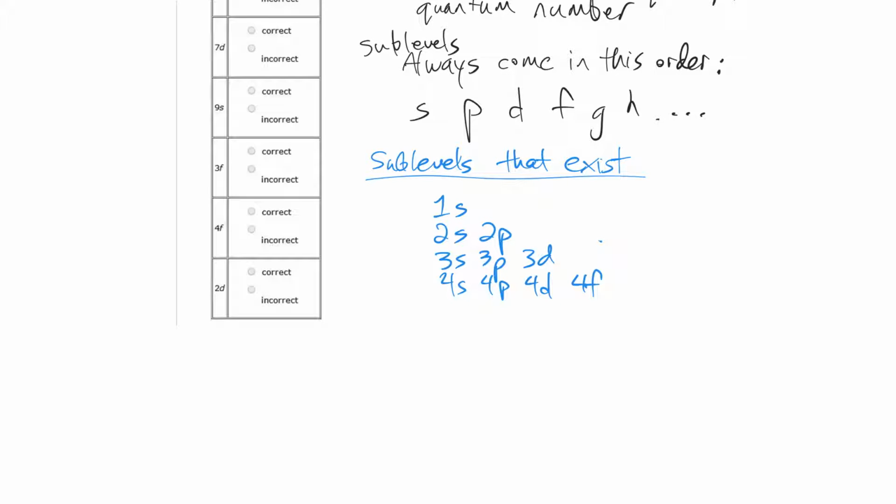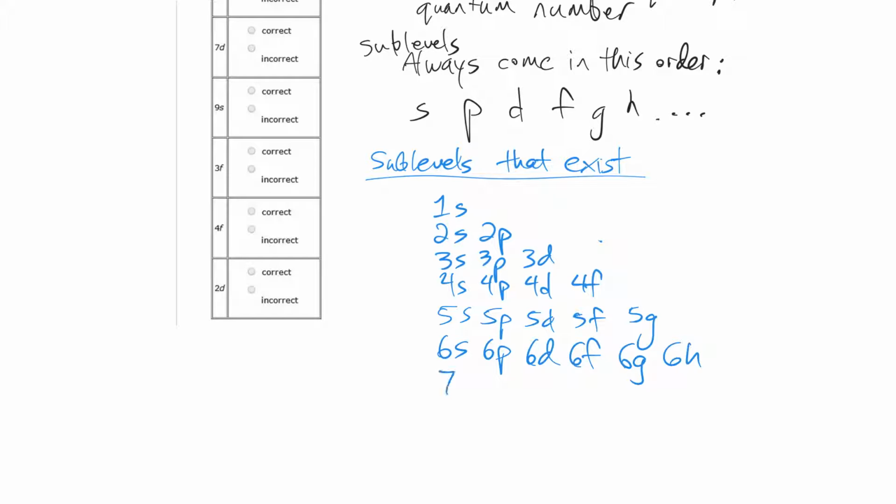In the fifth principal energy level, you can have 5s, 5p, 5d, 5f, and then theoretically, even though ground state configurations don't go up this high, 5g. 6s, 6p, 6d, 6f, 6g, 6h, gosh, 7s, 7p, 7d, 7f, 7g, 7h, there's one more, but we never see that. You never get beyond even h.